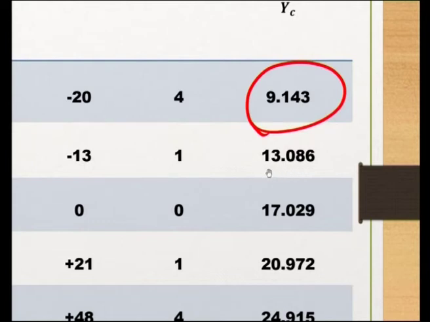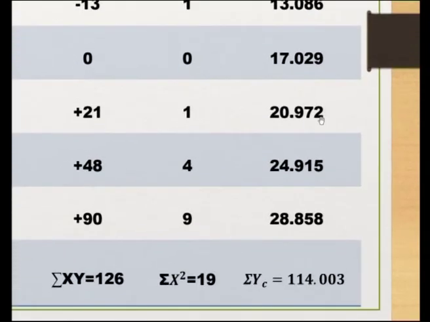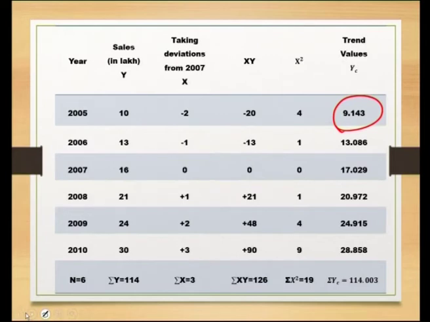Therefore, this y value at year 2006 comes to be equal to 13.086. Likewise, when x is equal to 0 for the year 2007, the value is just 17.029. Likewise, 20.972 is calculated, and 24.915 is calculated, and 28.858 is calculated. These are the trend values calculated based on the trend equation found.